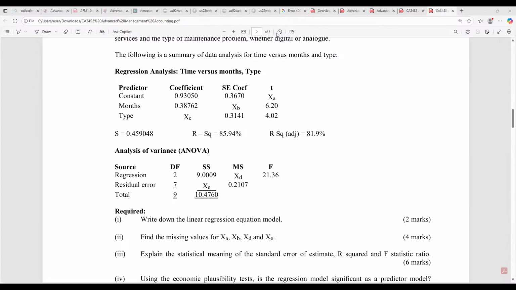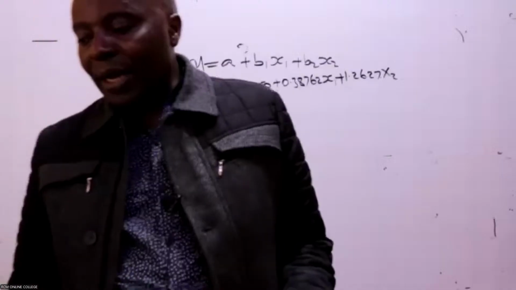X2, we got it. 1.2627. So plus 1.2627 x2, like that. So that is what you are required to do to get those 6 marks.